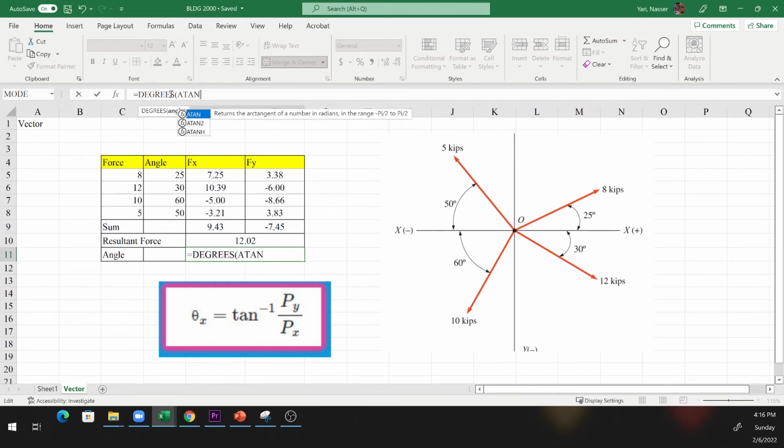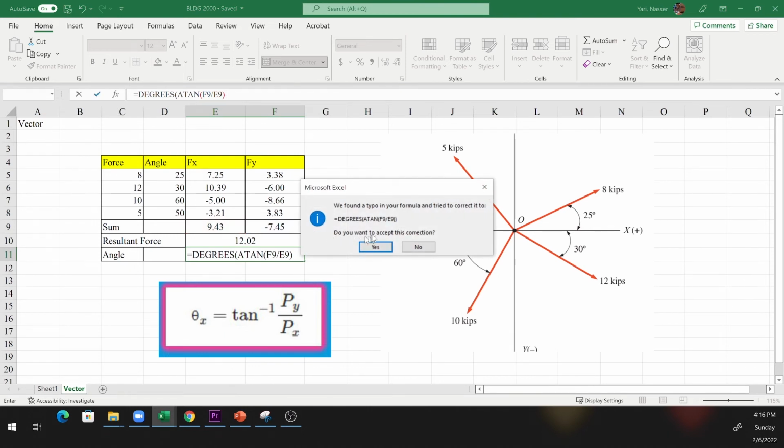That's for inverse of tangent. And then we're going to have parentheses, and we're going to say what was the opposite divided by adjacent. So it's going to be this divided by the next cell, which was 943, and close that and hit check mark. It says we need to find a formula to tie into it. Correct. I made a mistake someplace.